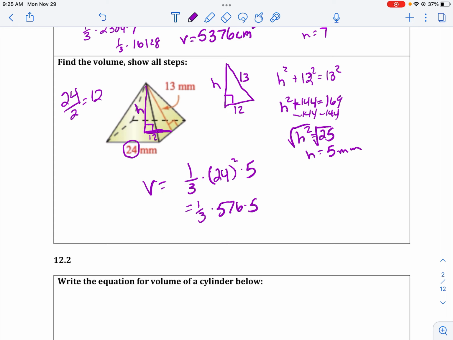So I did the area of the square there. I squared 24. And the volume of this pyramid is 960 millimeters cubed.